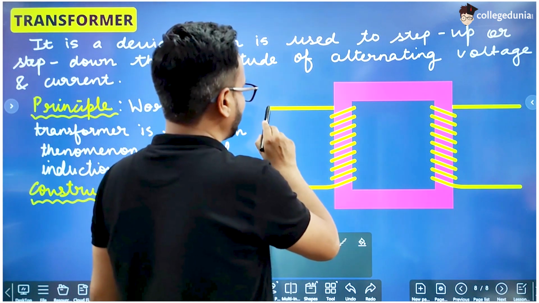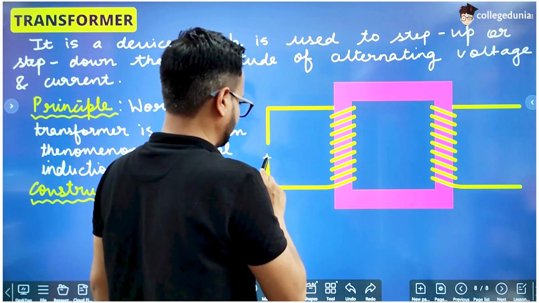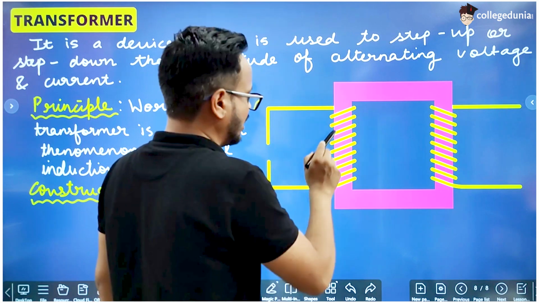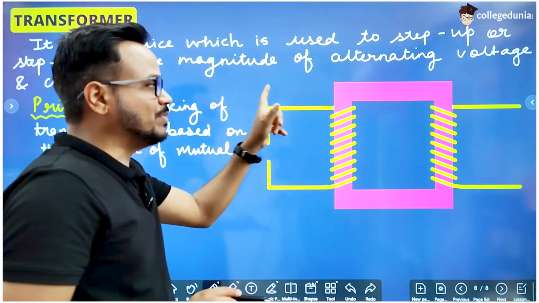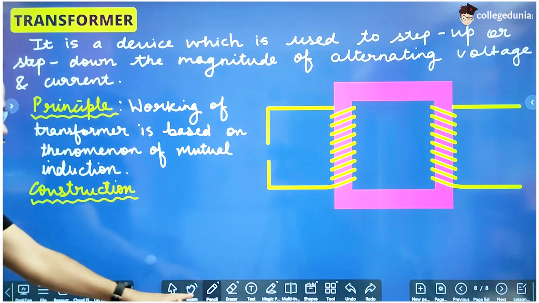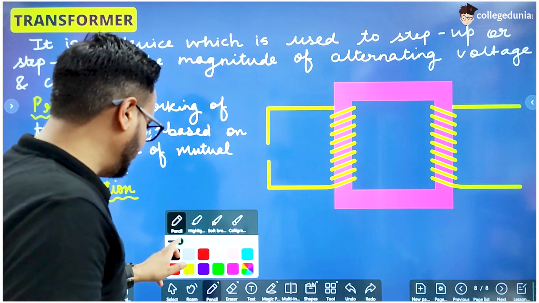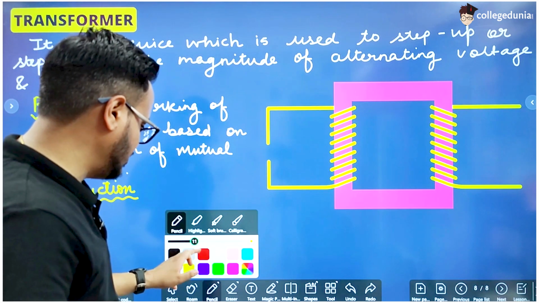This one is a primary coil and this one is a secondary coil, and this pink one is a laminated soft iron core. I'll write the names of all these, but first let me draw something very important.